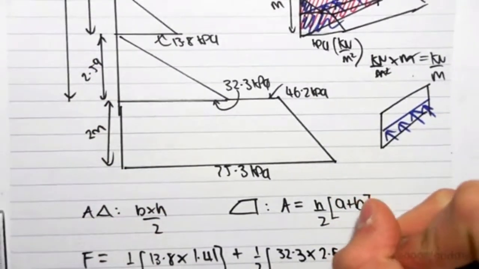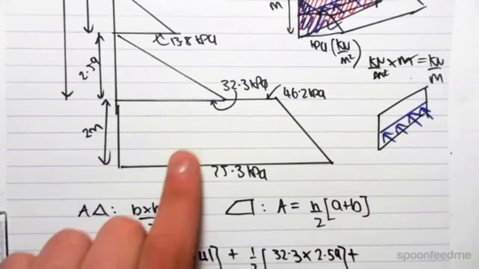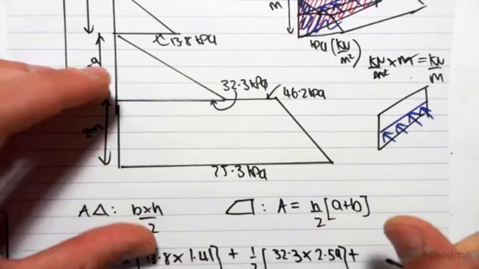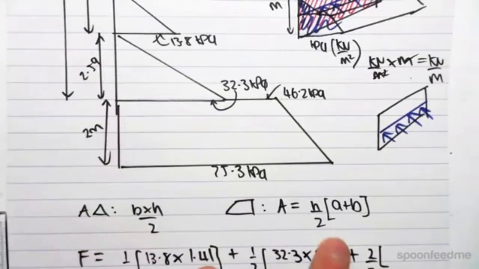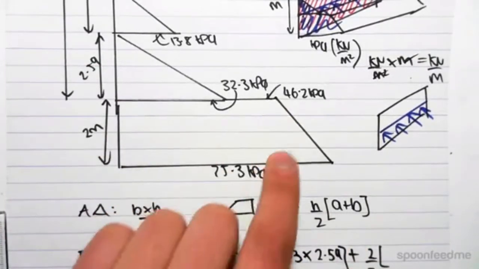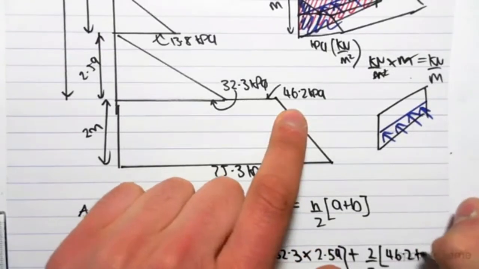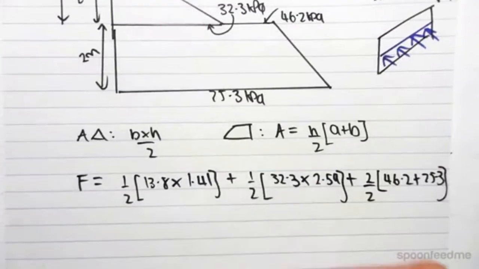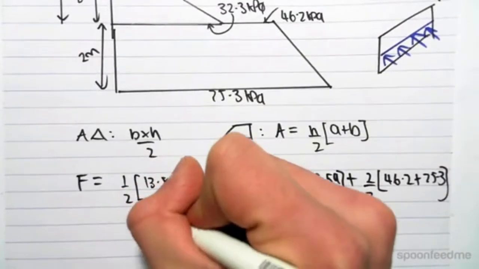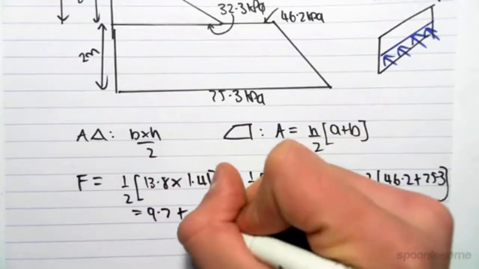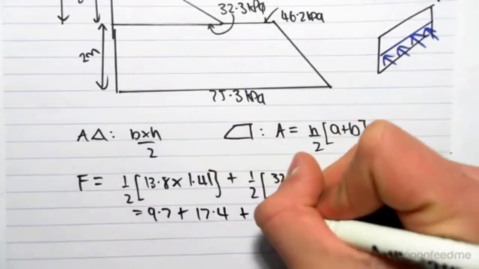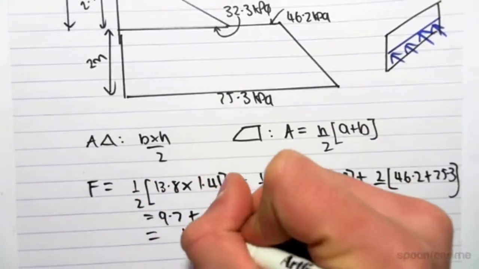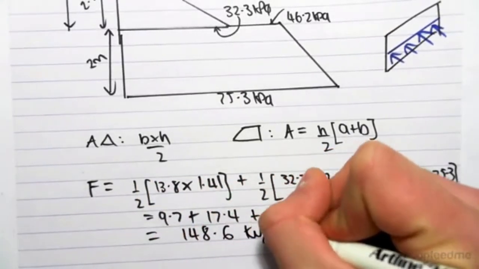And then finally, we have a trapezium, which is h on 2 outside of a plus b. So the height is 2 meters on 2 outside of a plus b, which are the two lengths, 46.2 plus 75.3. If we work these out separately, we get 9.7 plus 17.4 plus 121.5, which gives us a final answer of 148.6 kilonewtons per meter.